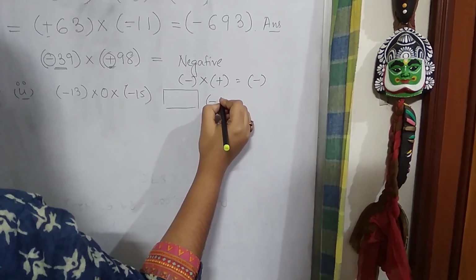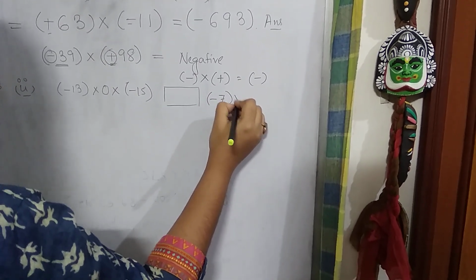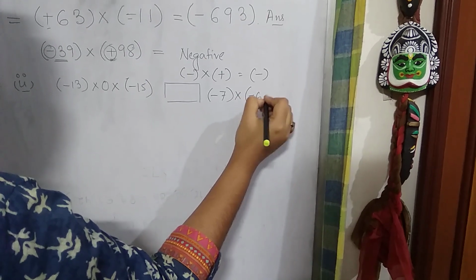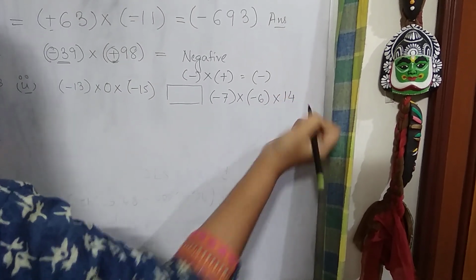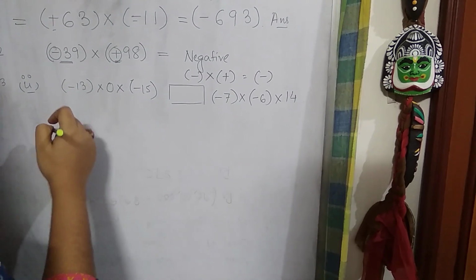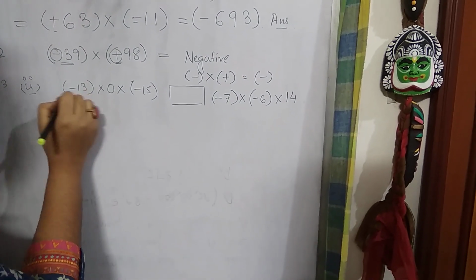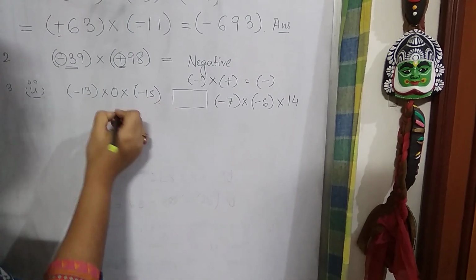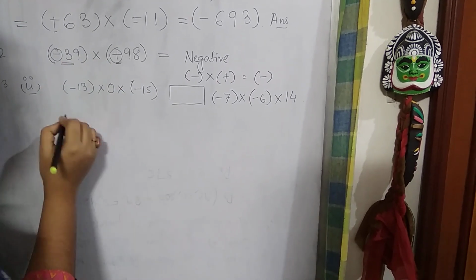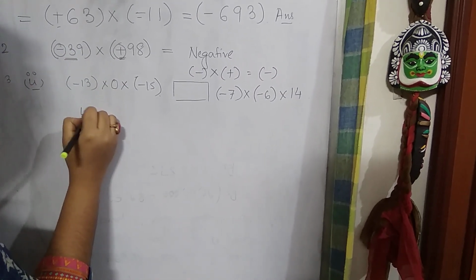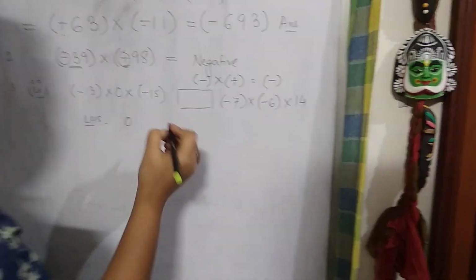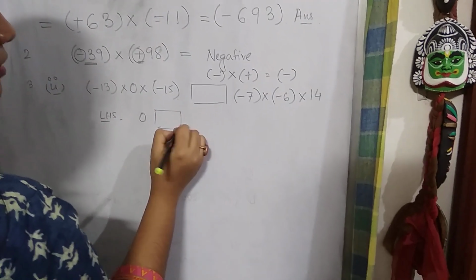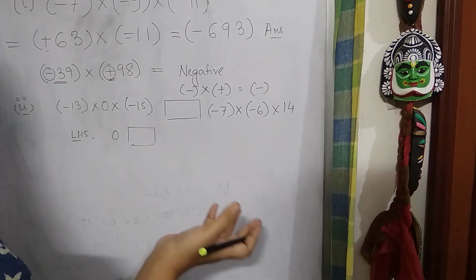And on the right hand side it's given minus 7 into minus 6 into 14. So after multiplying minus 13 with minus 15 into 0, the left hand side will get a 0, right? And then let's put a blank space out here.